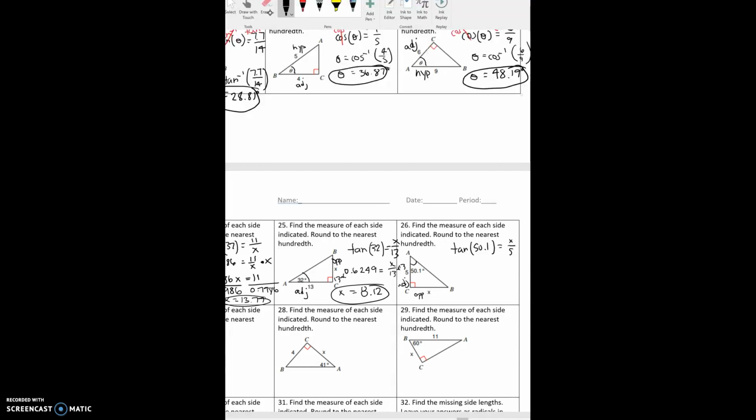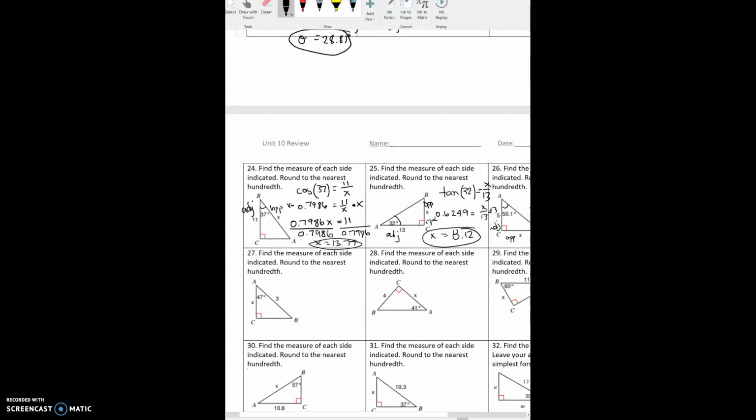Tangent of 50.1 is approximately 1.19599. Multiply both sides by 5. And x is equal to approximately 5.98.